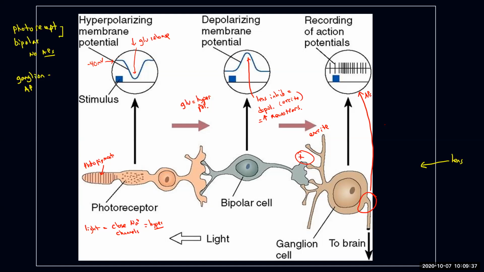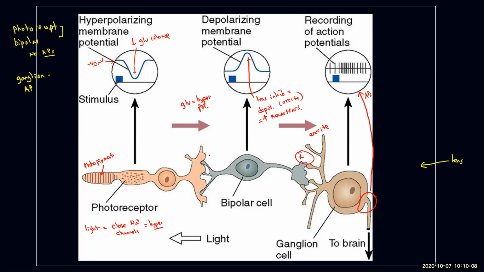Okay, so I'm going to walk you through it. Light strikes the photopigments. That is going to lead to a hyperpolarization. That hyperpolarization causes a decrease in the release of glutamate at the synapse. Since glutamate is inhibitory, if I decrease the release of glutamate, that means I'm going to decrease inhibition.